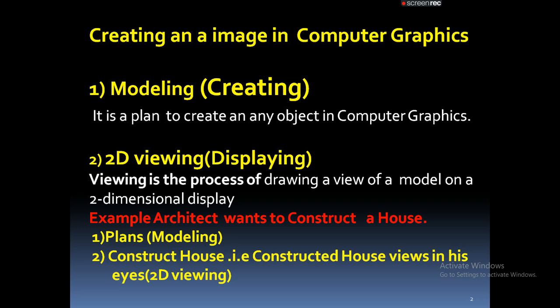First, the architect will plan. With respect to computer graphics also, when a computer graphics engineer wants to create any image, first he will perform modeling. So modeling is nothing but creating a blueprint of the image that has to be created. After preparing the blueprint or plan of that particular image, we need to view that image on the screen of the monitor.